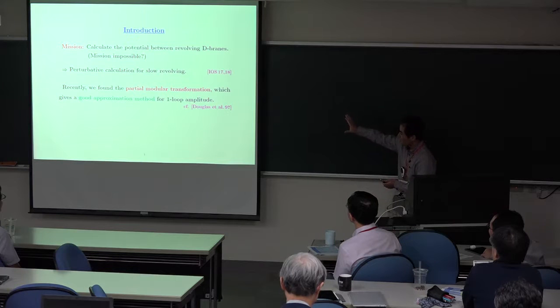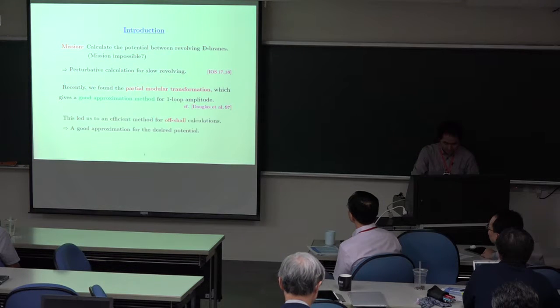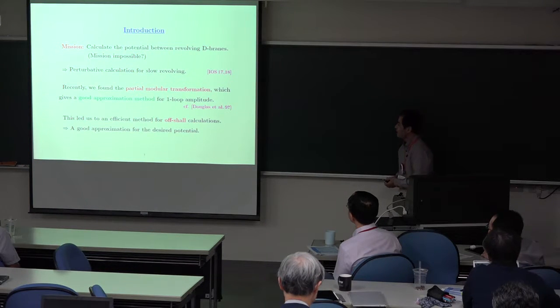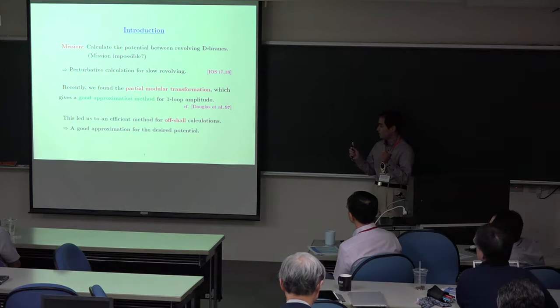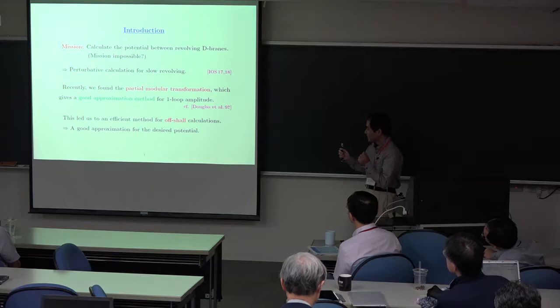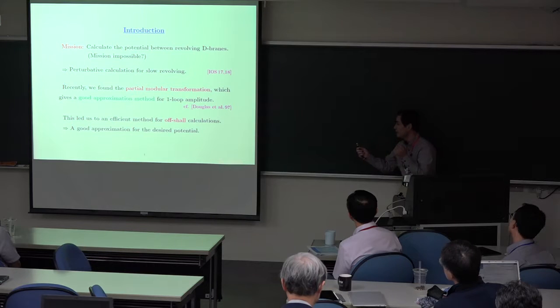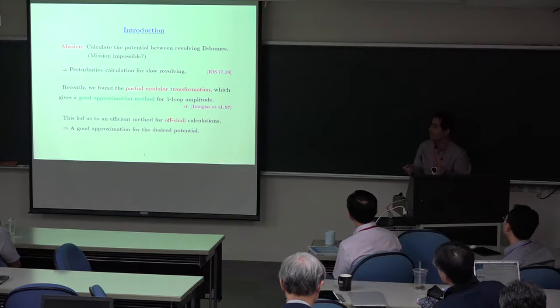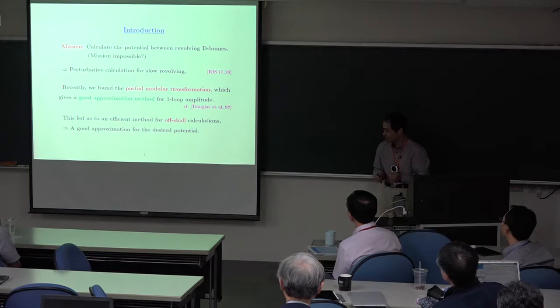In our work, we use the same technique for quantitative purposes. We found that this is a very efficient method for calculating some off-shell quantities, like the effective potential. Revolving D-Branes are not an on-shell configuration, so the worldsheet calculation has some problems. But using this kind of method, we can calculate such a potential.